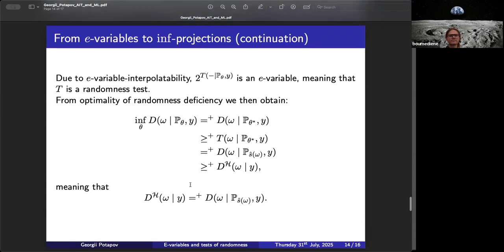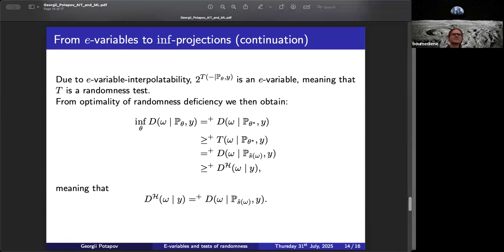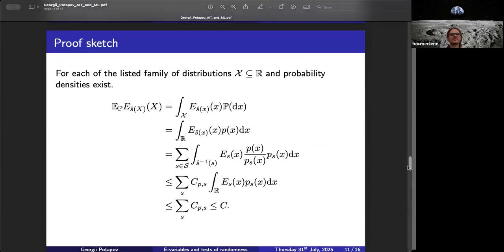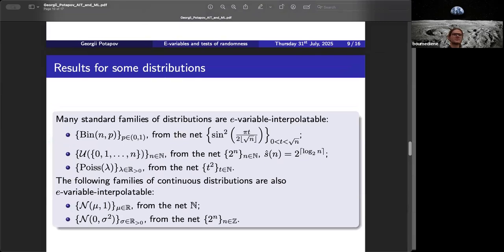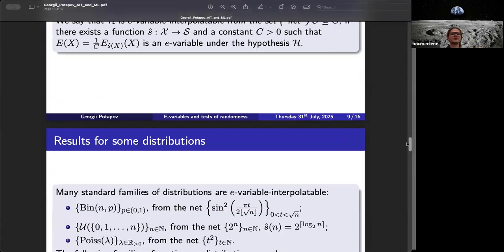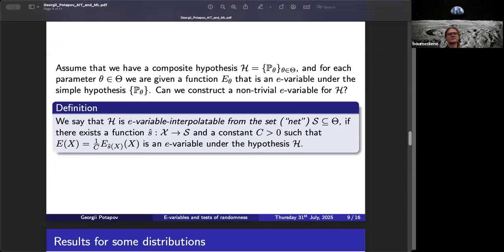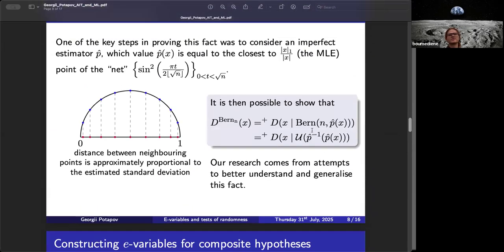And by noticing that e-variables for uniform distribution could be used also as e-variables for non-uniform distributions, we could also move from claims of this type to claims of this type, where plausibility for a number to come from Poisson distribution actually is the same thing as plausibility of the number coming from the uniform distribution on some appropriate segment.